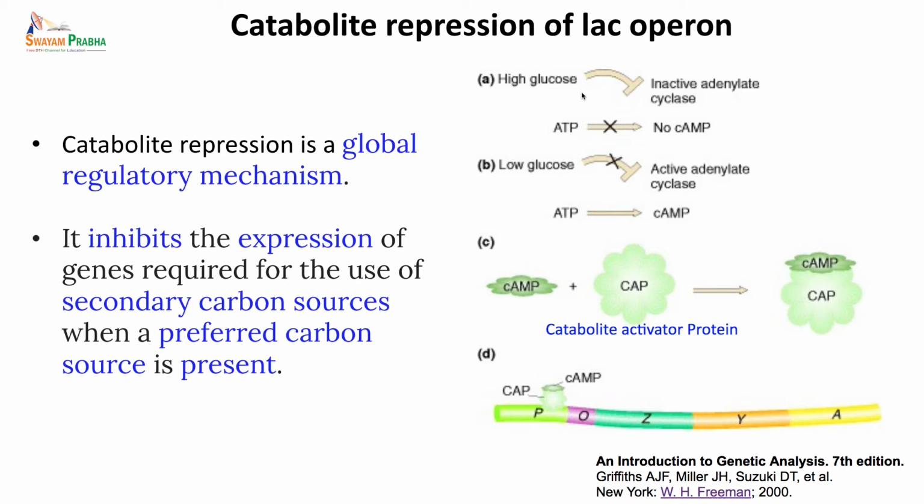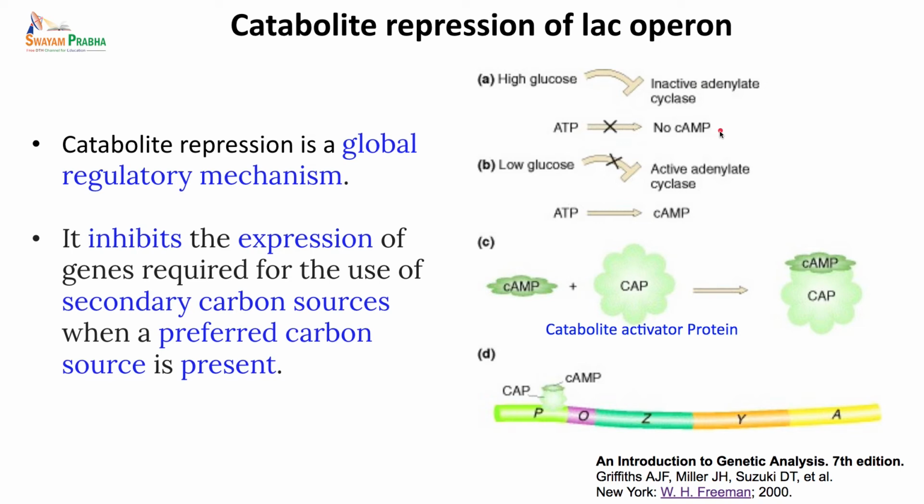Now, when glucose is present in the medium, the enzyme called adenylate cyclase is inactive. And what adenylate cyclase does is convert ATP to cyclic AMP. So when glucose is high, because the enzyme is inactive, the ATP cannot be converted into cyclic AMP.